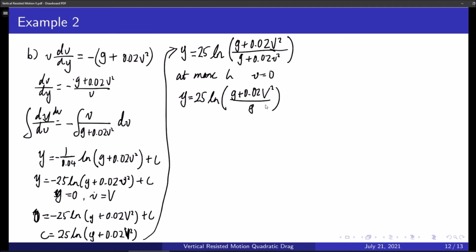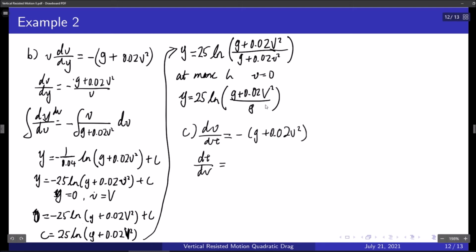Okay, now let's look at the time it takes for it to reach the maximum height. So dv over dt equals negative g plus 0.02 v squared. What do we end up with? We end up with dt over dv equals negative 1 over g plus 0.02 v squared.